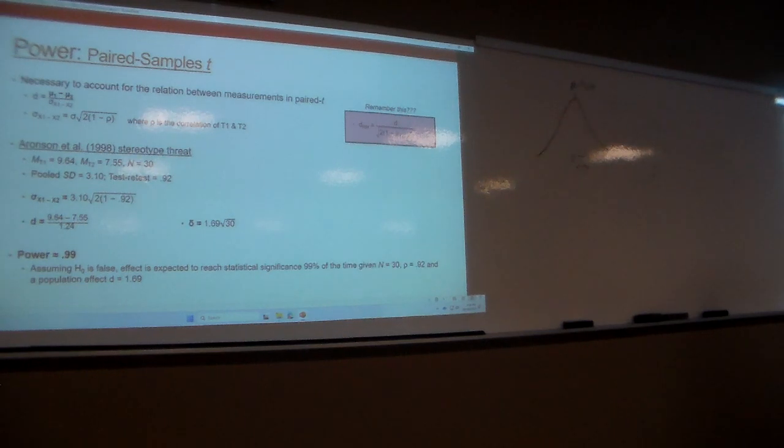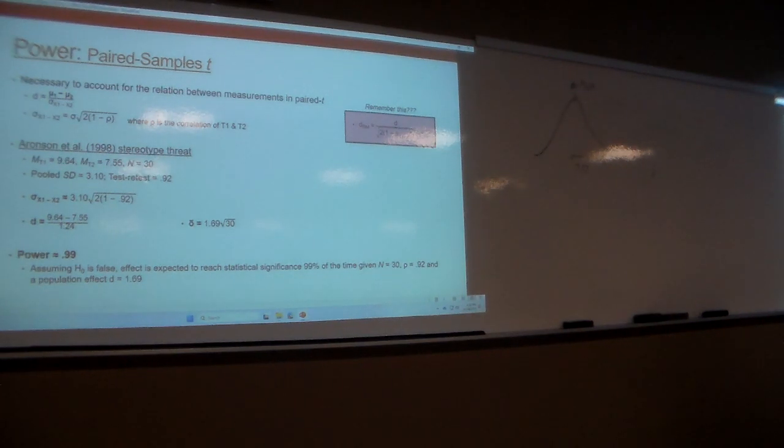Now that doesn't speak to the actual metric of the effect and things like that. It's just that if these are the means of my actual population, if the population difference under this manipulation is exactly 9.64 minus 7.55, right?